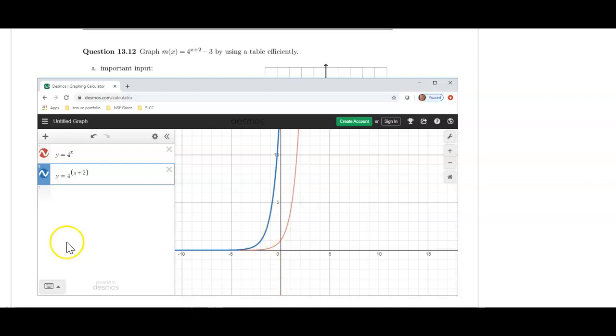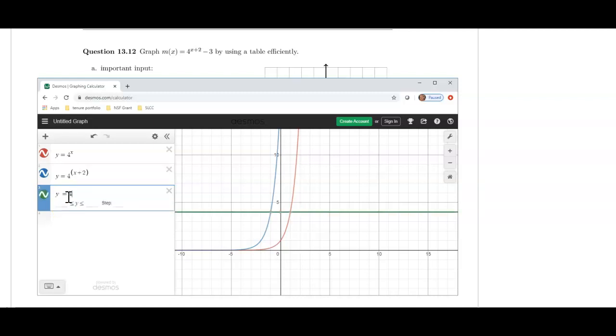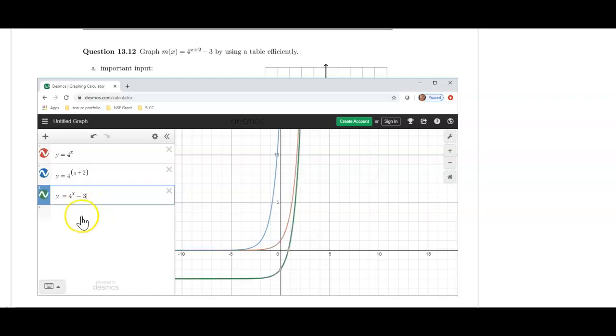Okay, now let's look at what that minus 3 is doing. So let's look at what if it said y equals 4 to the x power, but then I'm just going to minus 3. I'm comparing it all to this red graph, or pink graph. So the blue one moved 2 places to the left, but look at this one.